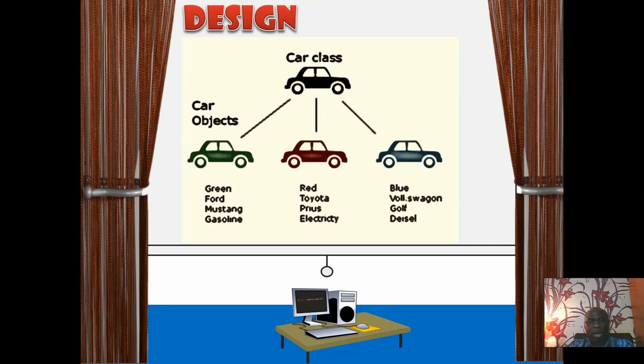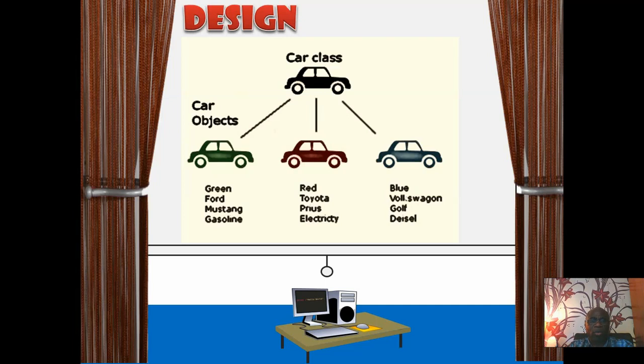For instance, right here we have a class of cars, and as you can see, this class of cars is made up of a variety of cars. For instance, we have the Ford, the Toyota, and the Volkswagen. Each car within this class is known as an instance, or an object, from the class.